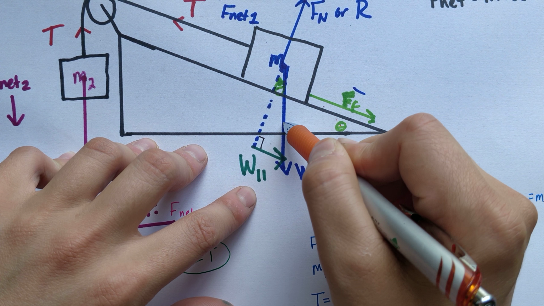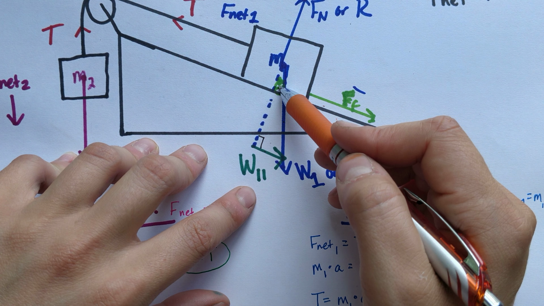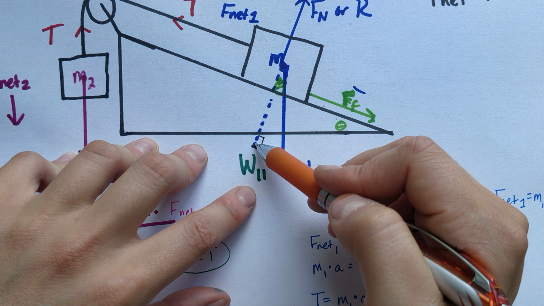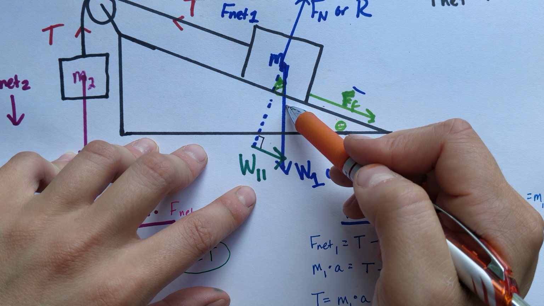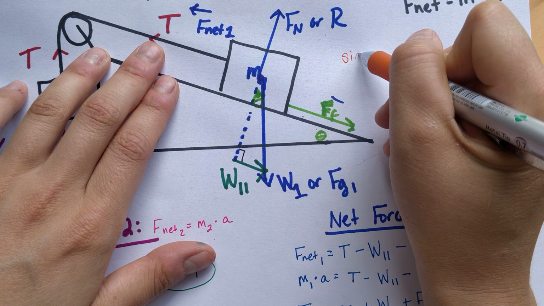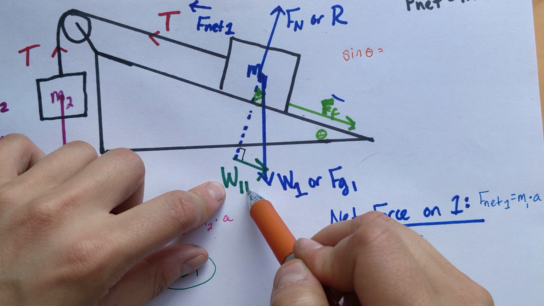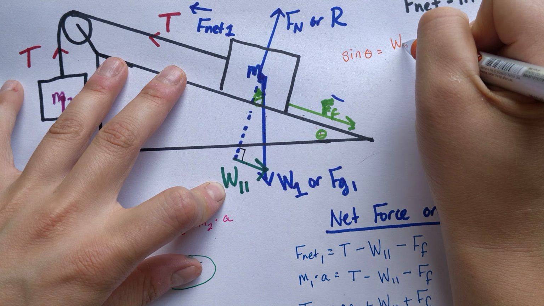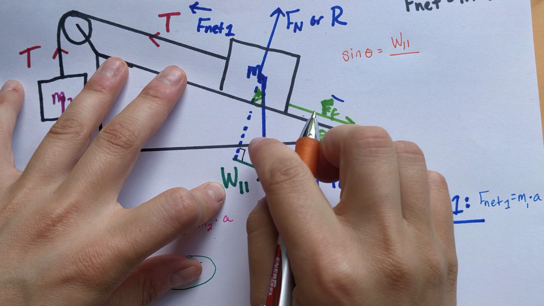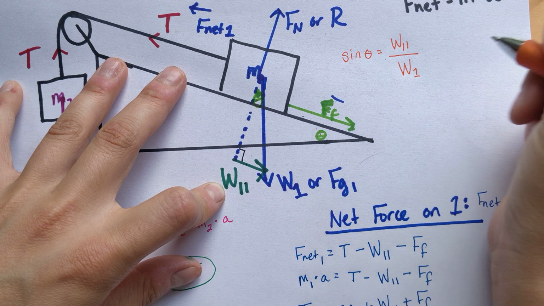I have a hypotenuse, which is the force of gravity, and I have an opposite side. Angle, hypotenuse, opposite. That's a sine function. So sine theta equals opposite, which is this parallel component of weight, divided by hypotenuse, which is the force of gravity itself, weight sub 1.